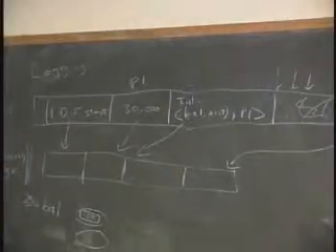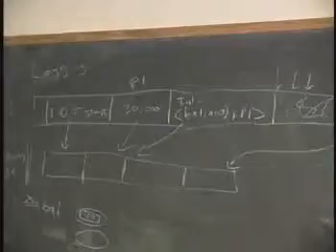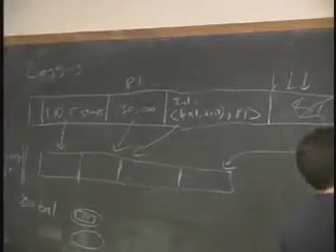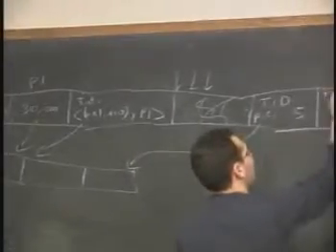Then what happens is, suppose that someone comes back and says, oh, okay, let's actually commit this thing. Well, what you'll do is you'll say, okay, commit for transaction ID 5.